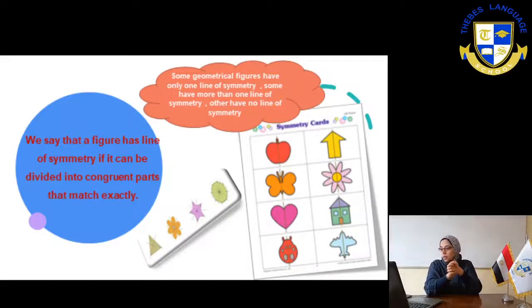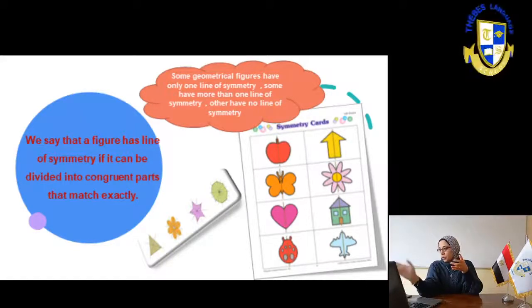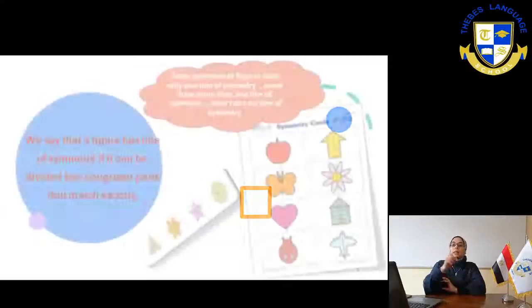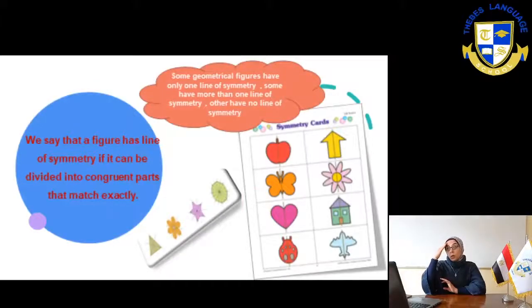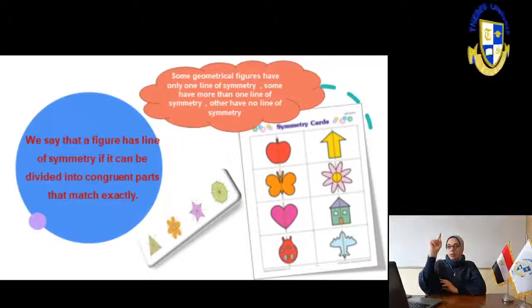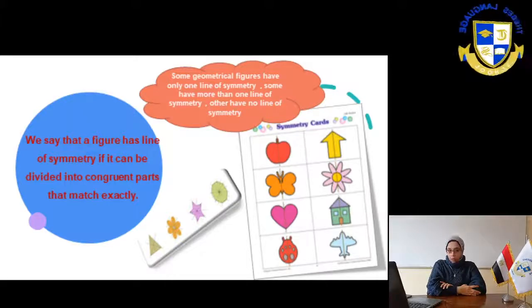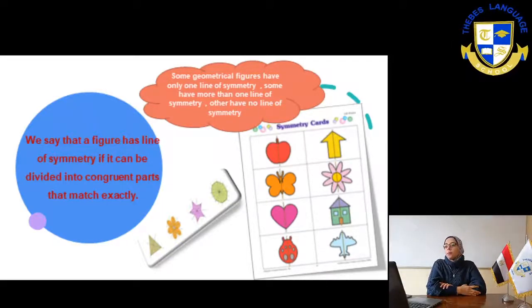As we see in these pictures, we have figures like an apple, butterfly, flower, arrow, house, and so on. All of these figures, we can divide them into equal parts. The line which I draw, we call it the line of symmetry or axis of symmetry. And this figure is a symmetrical figure.